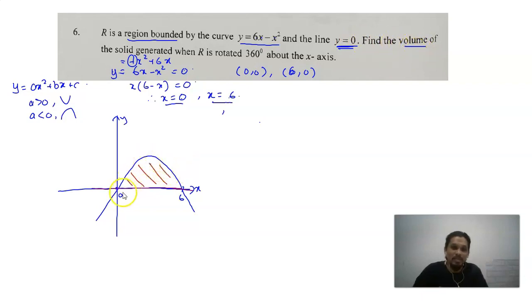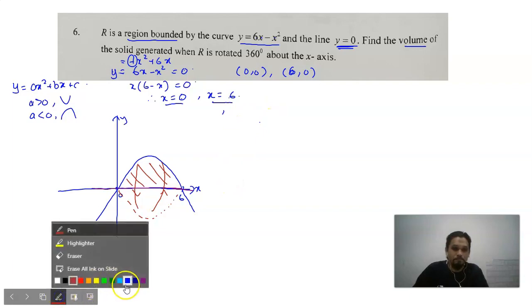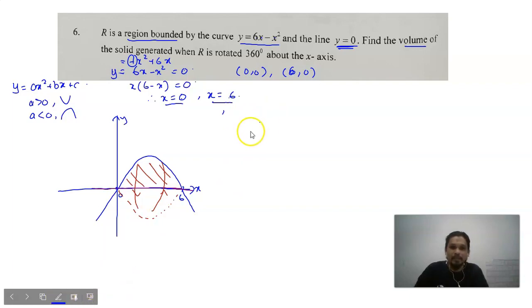That means that this area, if we imagine it rotated 360 degrees about the x-axis, the volume we can just simply take this function, and because y equal to 0 is the line of the x-axis, we can just ignore it.